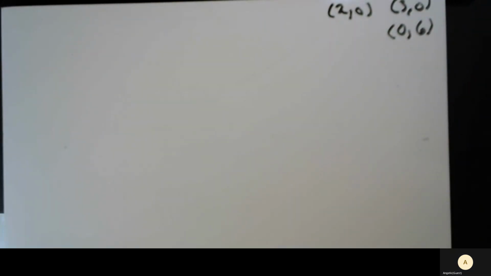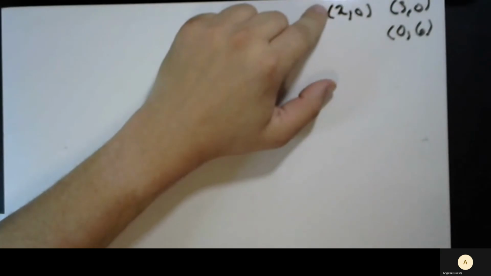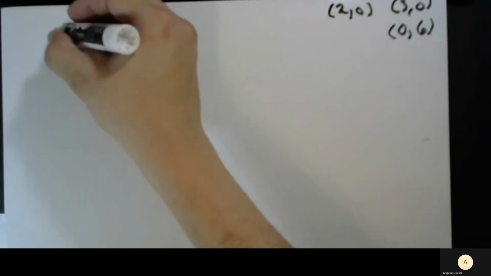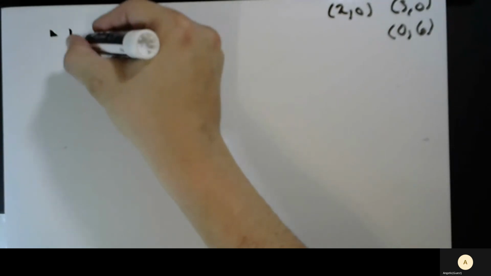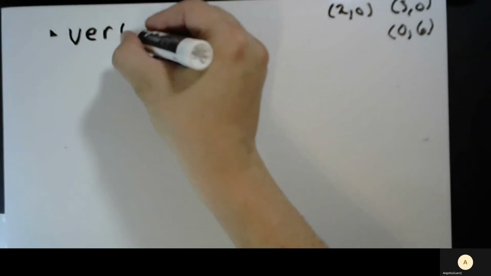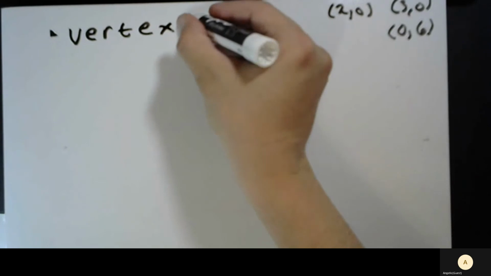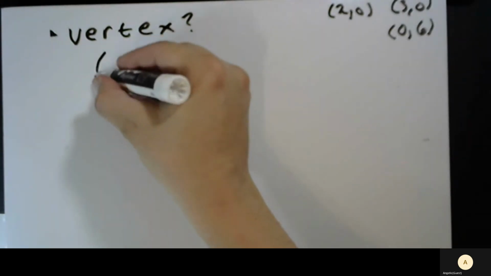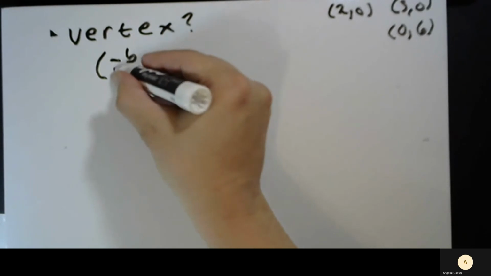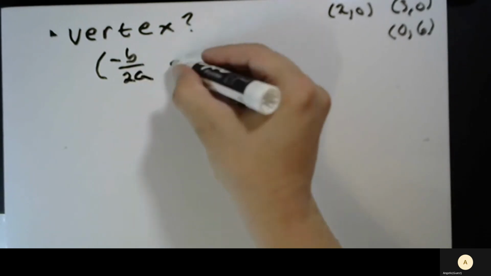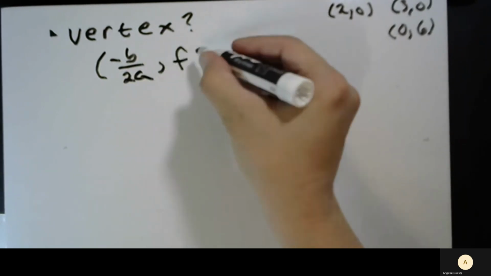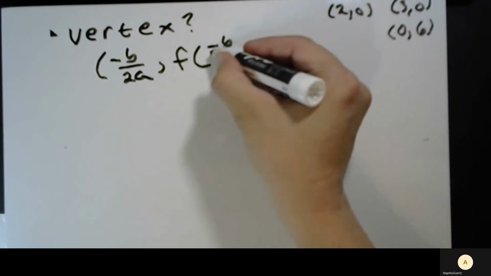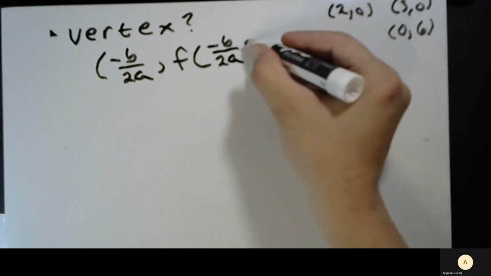So we want to find the vertex. So when we're graphing these, we want to keep an eye on our x-intercepts, our y-intercept, and then our vertex. So that's going to be negative b over 2a, comma, f of negative b over 2a.